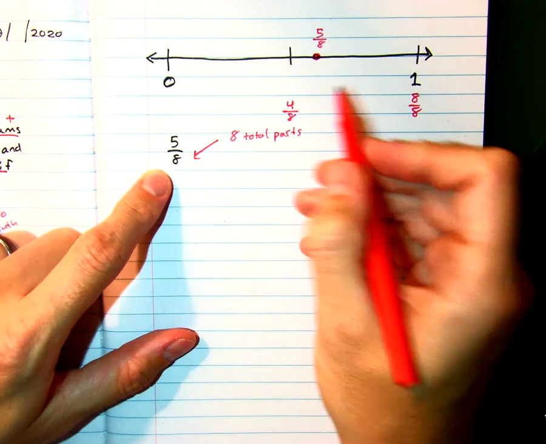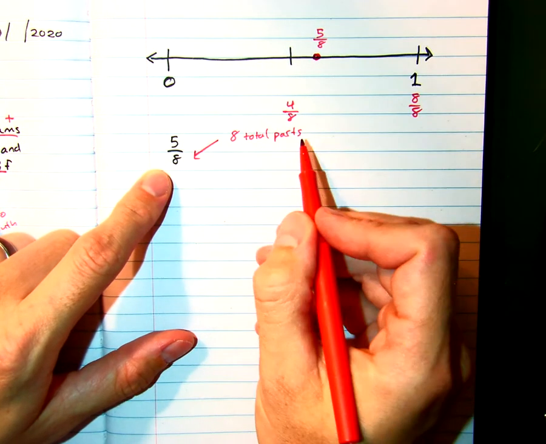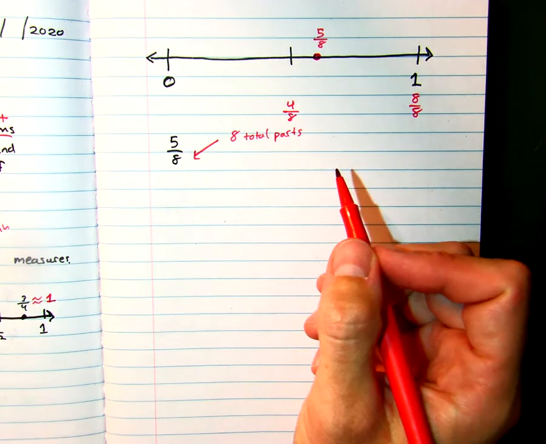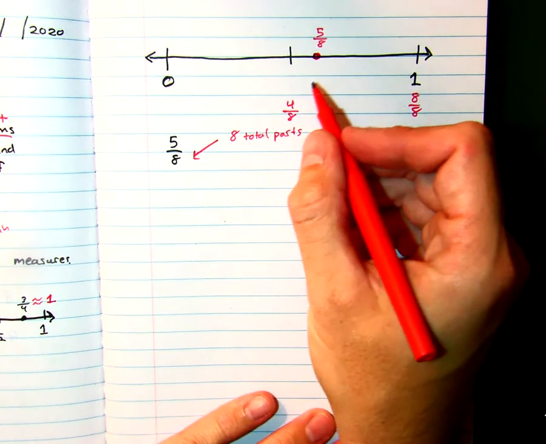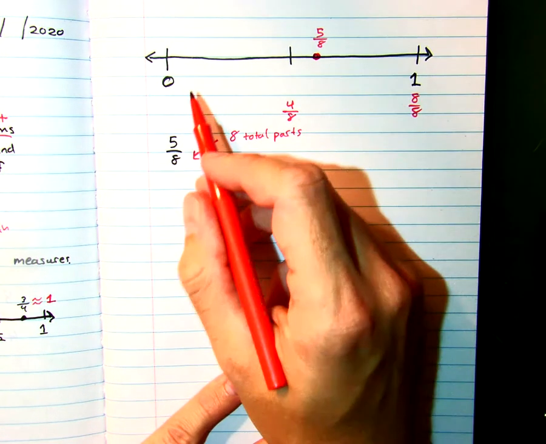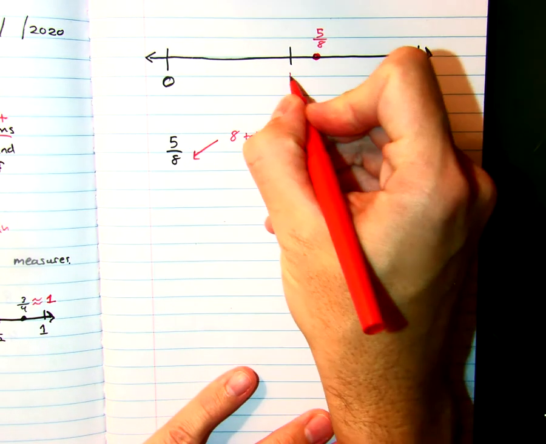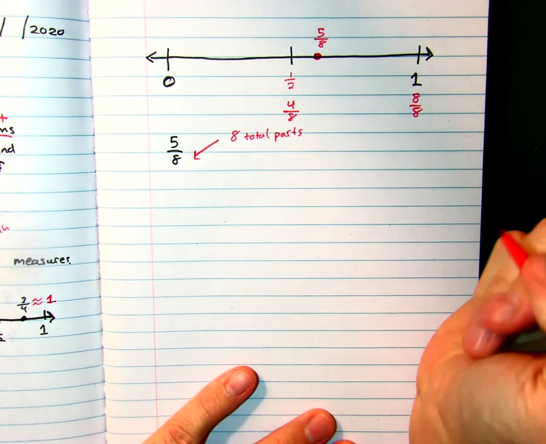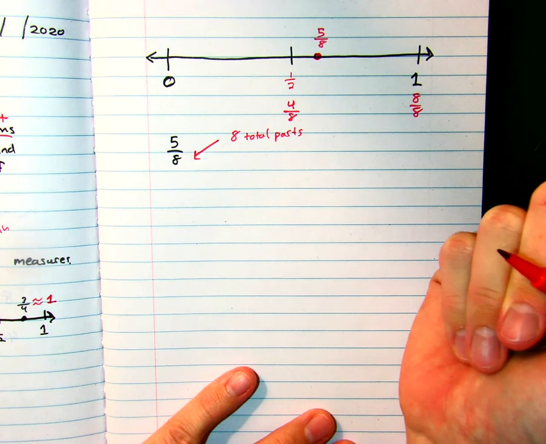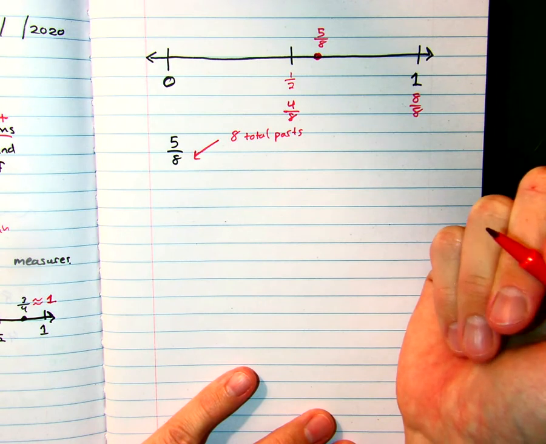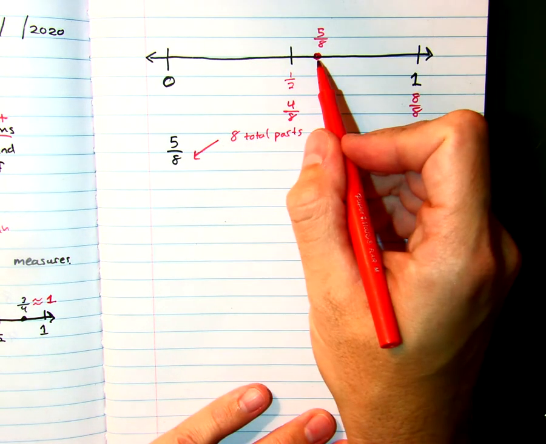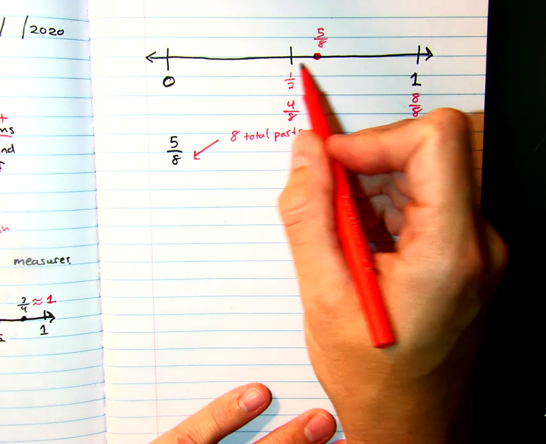It's greater than 4/8. So let's use our benchmark fraction. Is 5/8 closer to 0, closer to half, or closer to 1? Now I know if I'm using my rounding, I could say I'm going to round it up. It's greater than half. I could say it's 1.